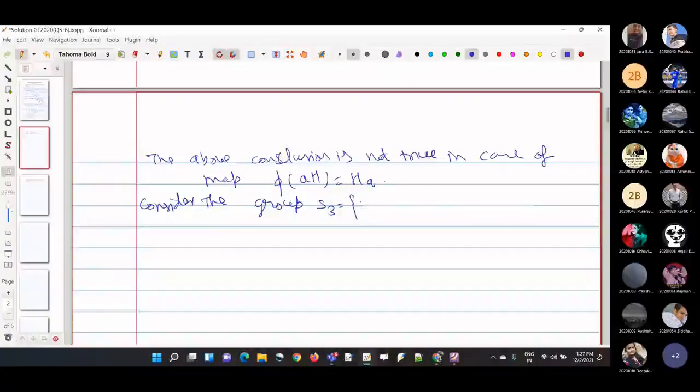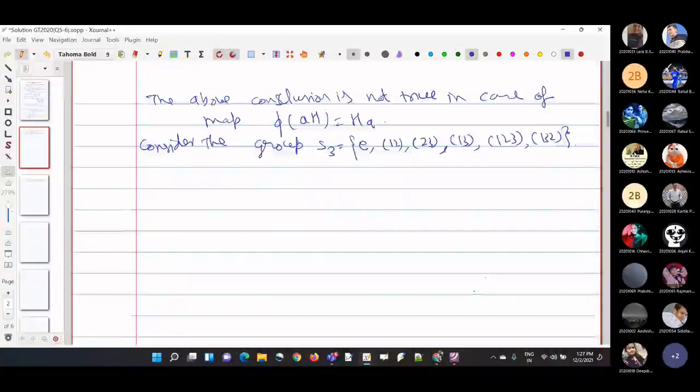S3. In S3 we have identity, (1 2), (2 3), (1 3), (1 2 3), (1 3 2). This is a group, and let us take a subgroup H containing identity and (2 3), and you know that this (2 3) is self inverse, because it is a two cycle.